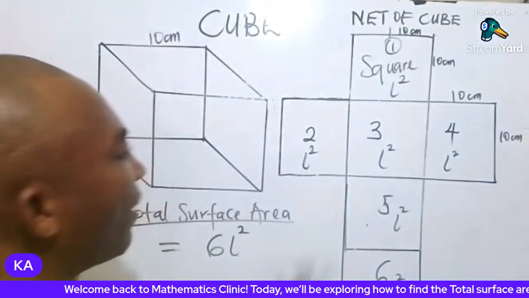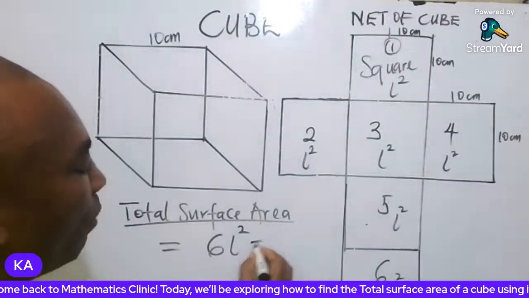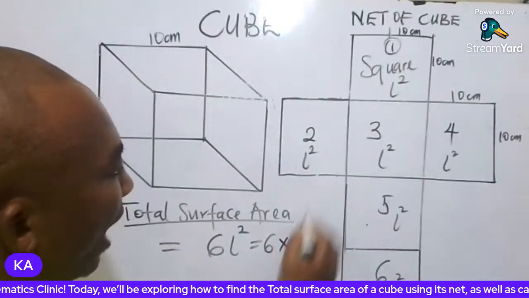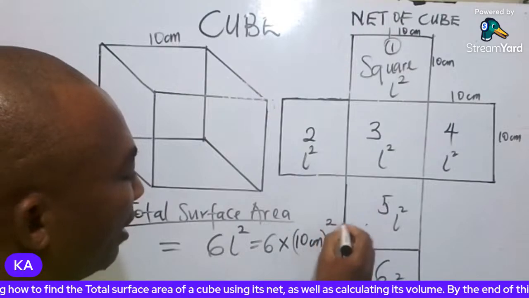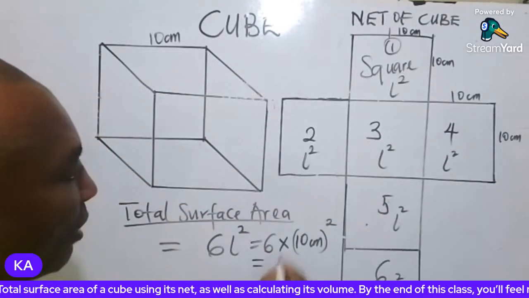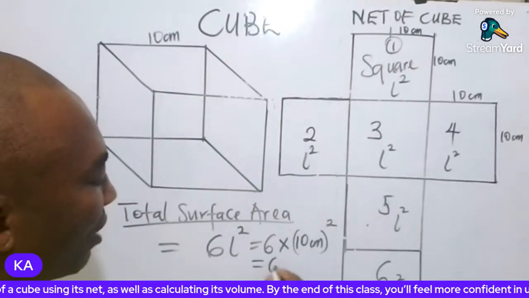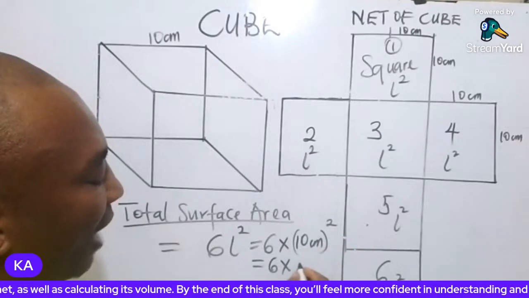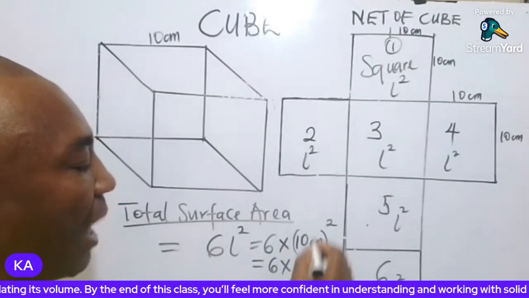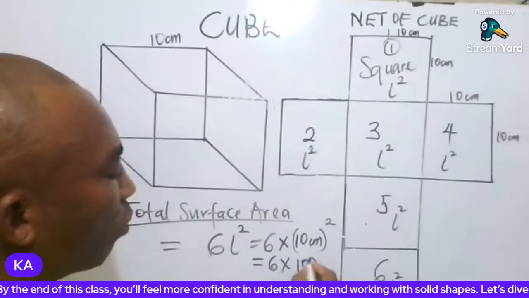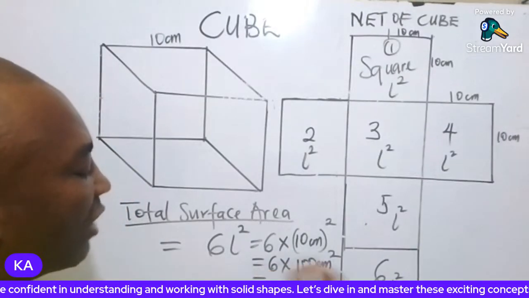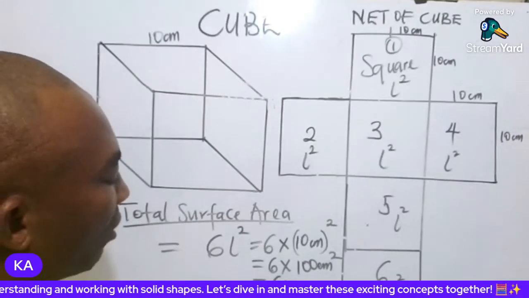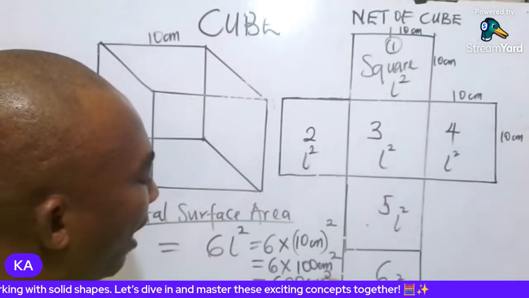So in getting the total surface area of this now, this will become 6 multiplied by our length L, which is equal to 10. That will be 6 multiplied by 10 centimeter squared. That is 10 centimeter multiplied by 10 centimeter, which will give us 100 centimeter squared. So 6 multiplied by this will give us 600 centimeter squared.